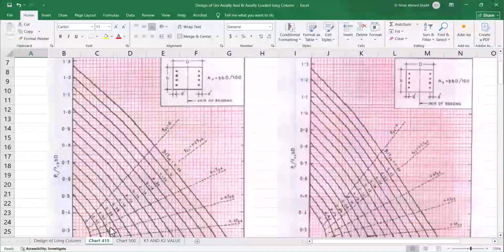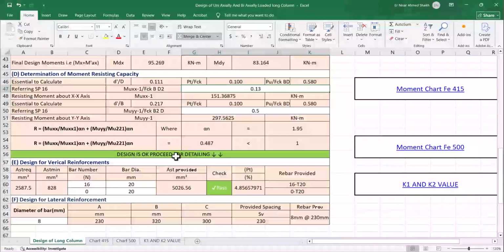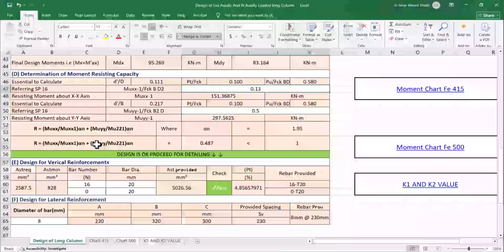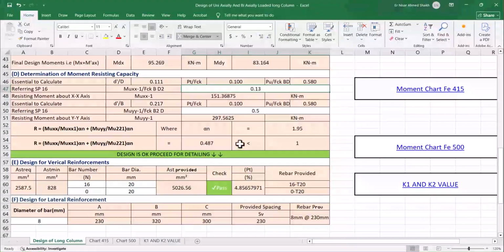After we calculate the values from this chart, we calculate MUYY and MUXX. Then we calculate the alpha n, this should be less than 1.